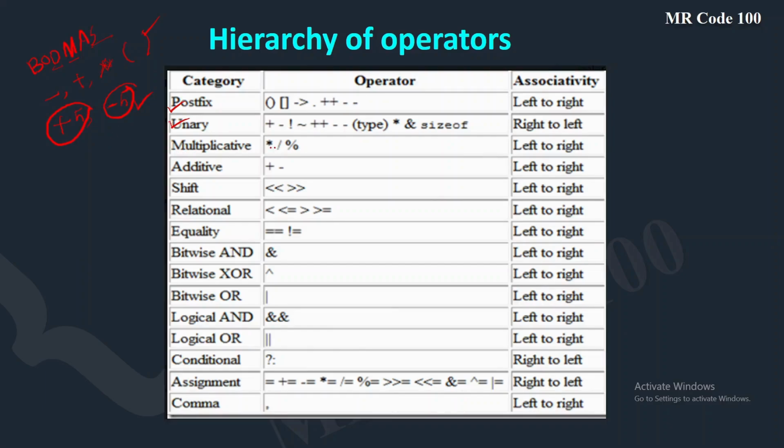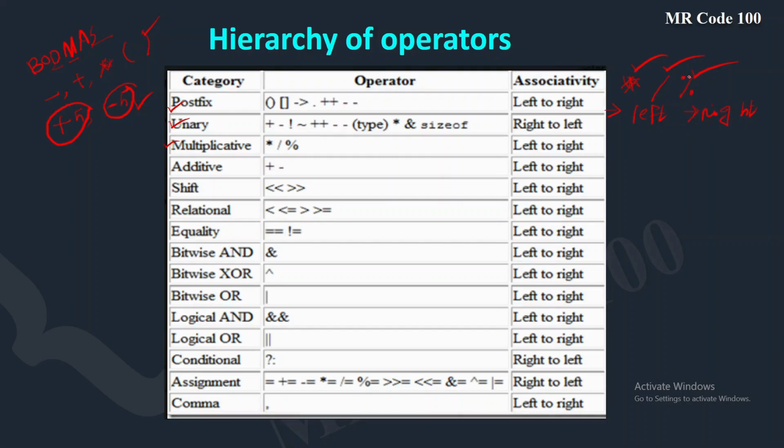Then comes multiplicative. Suppose in one math expression you have these multiplication operators. Where should you start from? You can start from this one, this one, or this one, but it's good practice to start from the left, going left to right.